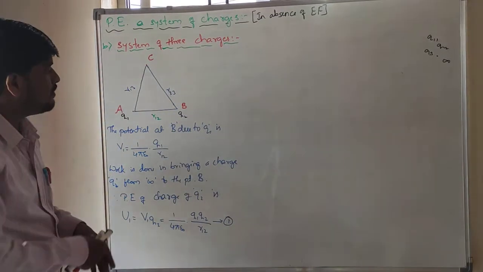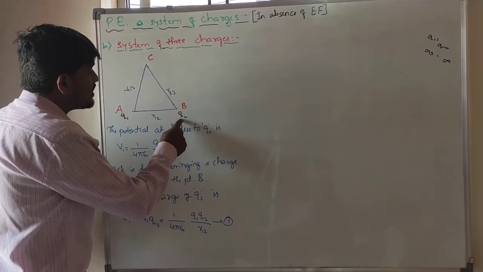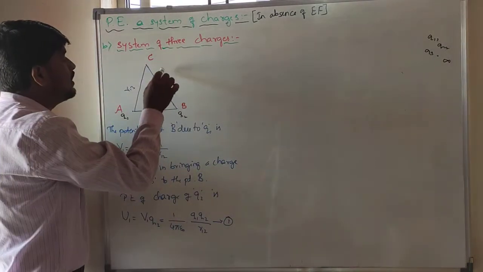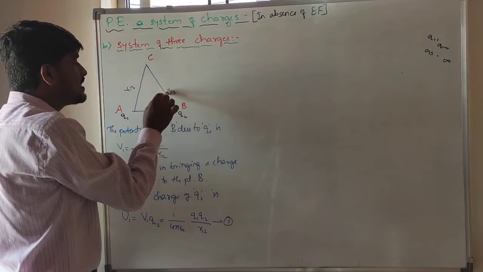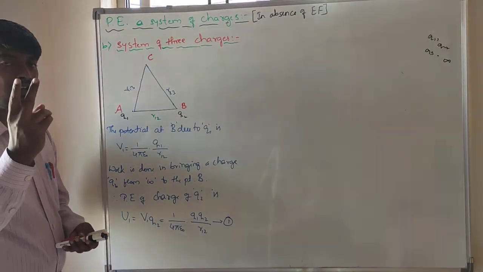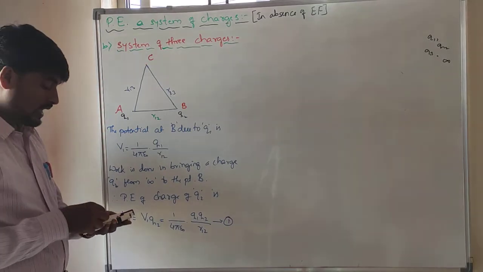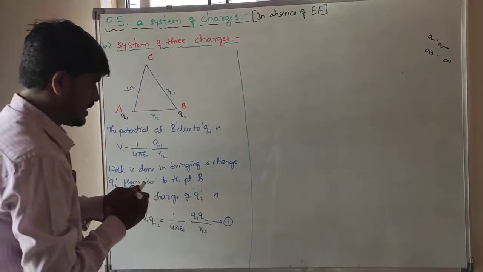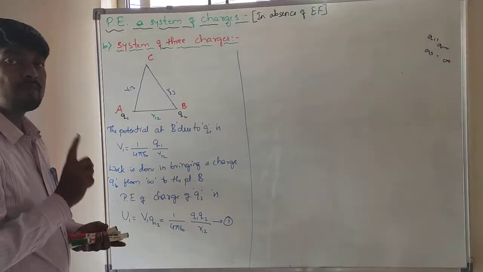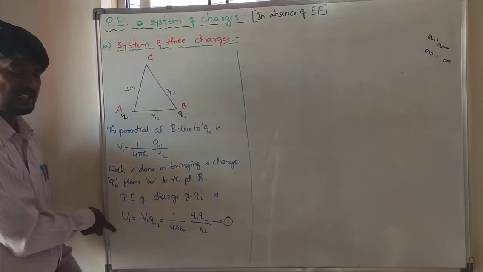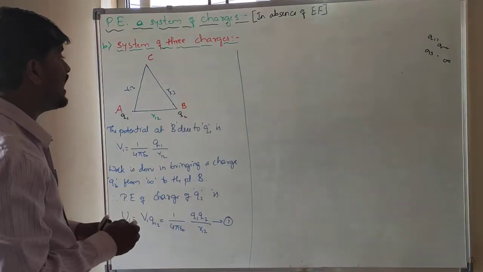At the same time, q2 also produces a potential at point C at a distance of R23. Therefore, there are two potentials. So I can write here the potential at the point C. First I have to write the potential, then let's go to the potential energy.